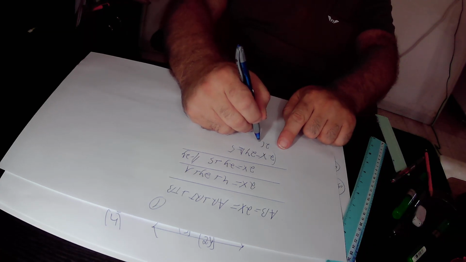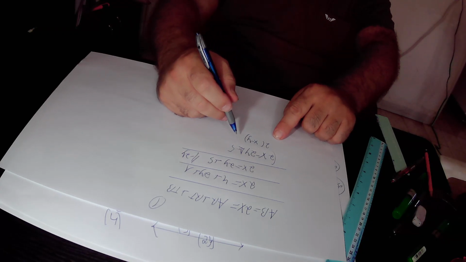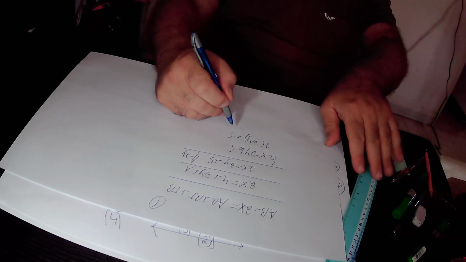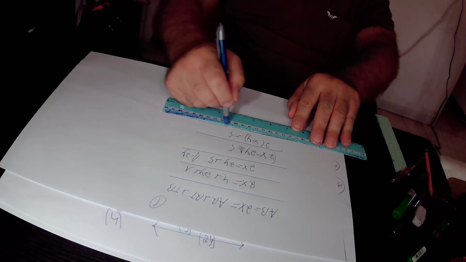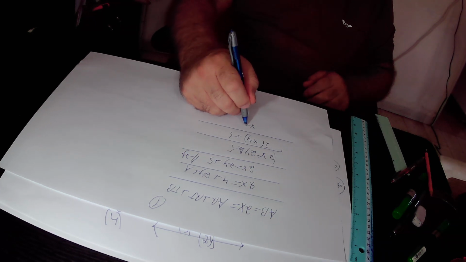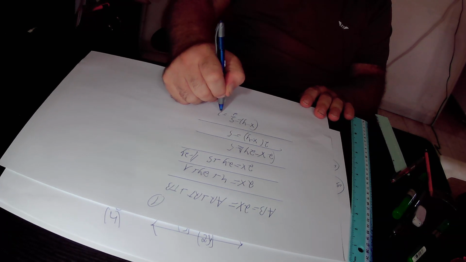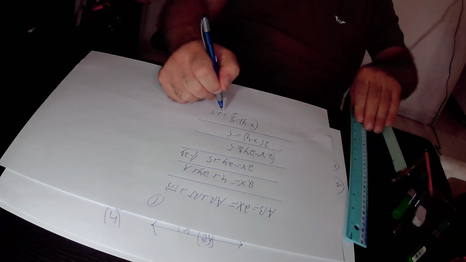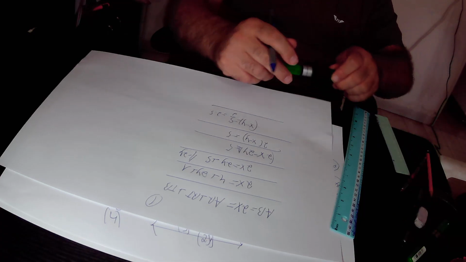Inside the brackets we will have x minus y. So in total we found out that 2 times x minus y equals 5. Here we will divide this equation by 2 and finally we get that x minus y equals 5 over 2. 5 over 2 is 2.5. So we found out in total that x minus y equals 2.5.